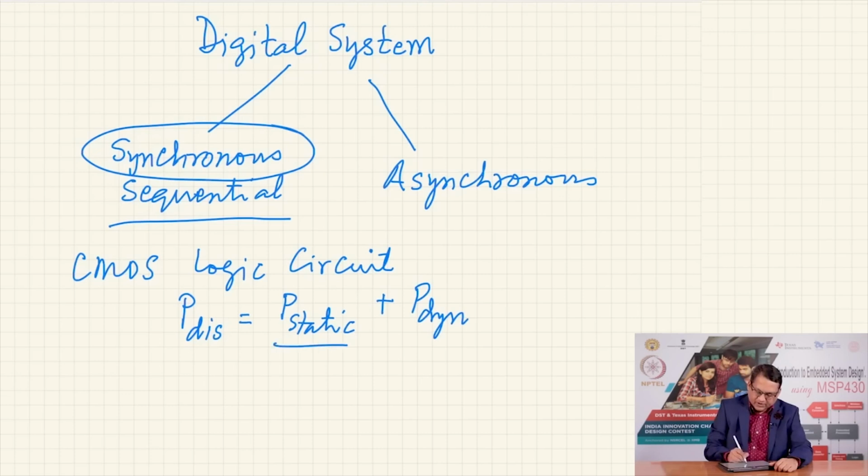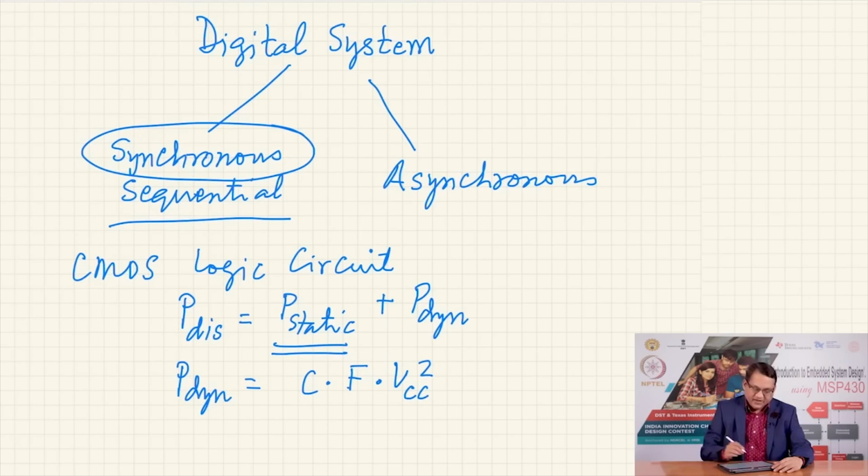The static power dissipation is a function of the technology, the way the system was built, but the dynamic power dissipation in a CMOS circuit is equal to the capacitance that the circuit sees at its load into the frequency of operation into the VCC squared, which means the dynamic power dissipation is directly proportional to the frequency of operation.